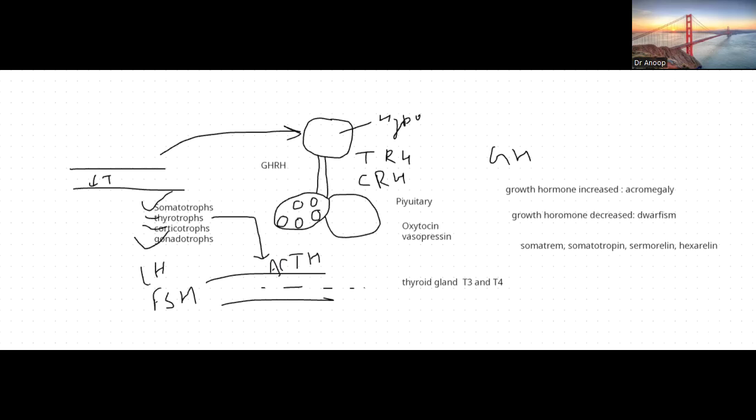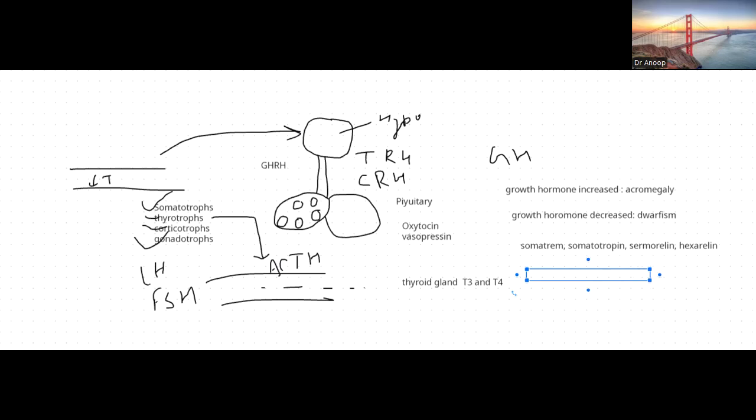growth hormone antagonists. One of the drugs is pegvisomant.